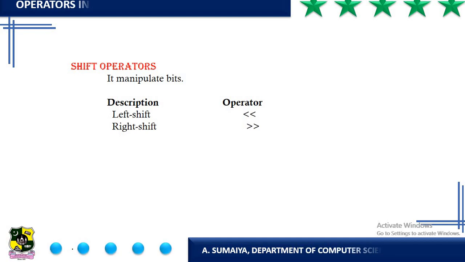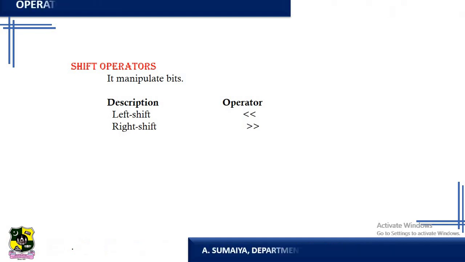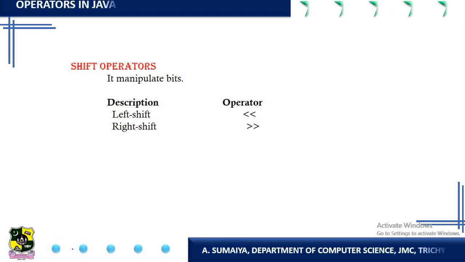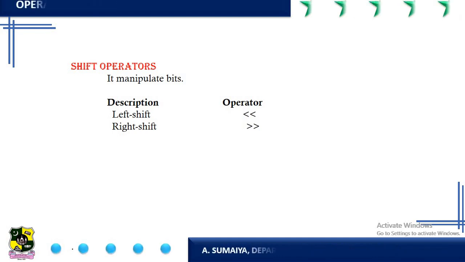If the values of A, B, C are 4, 5, 6 respectively, then first A and B are compared, that is 4 greater than 5. The result is false, so the control jumps to the condition B greater than C, that is 5 greater than 6, whose result is again false, hence the final result is C, that is 6.